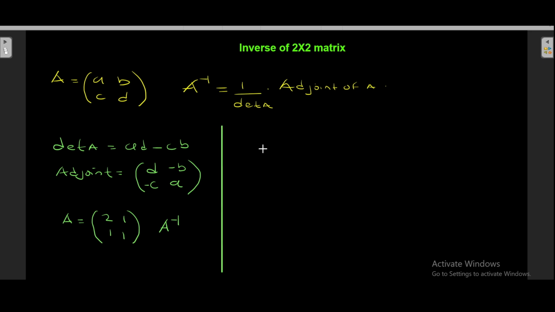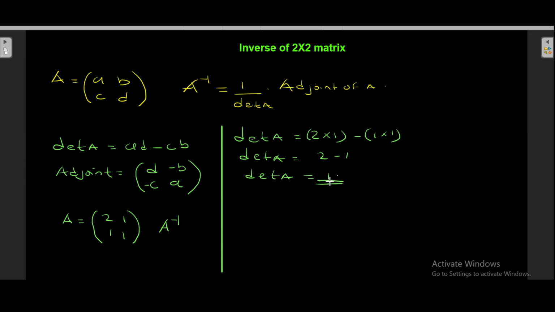I'll start by getting the determinant of A. My major diagonal is 2 times 1, and then I subtract off my minor diagonal, which is 1 times 1. Therefore, the determinant of A is 2 minus 1, which is 1.